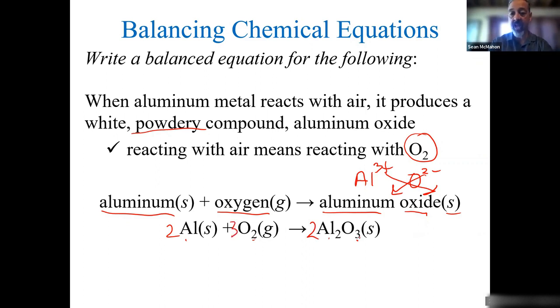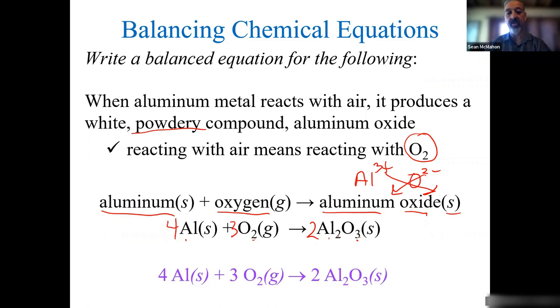Now the oxygens are balanced because I have 6 on each side, but remember that last step, I need to go back and check my work. I put 2 aluminum and each aluminum oxide has 2. So 2 times 2 is 4. So I'd actually have to go back and make that 4. So there's my balanced equation. Okay.